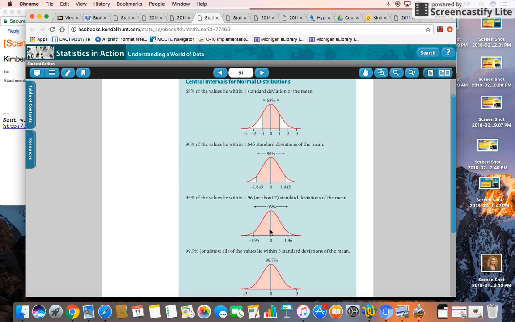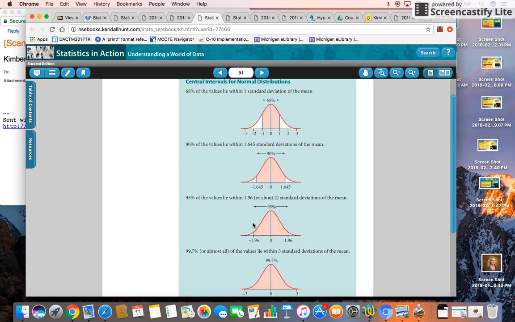So 95% of the values lie within 1.96, or about 2 standard deviations of the mean. And we also know that 90% of the values lie within 1.65 standard deviations from the mean. And these are the z's, correct?